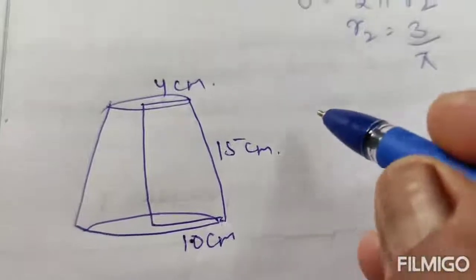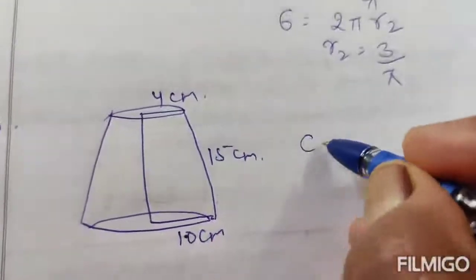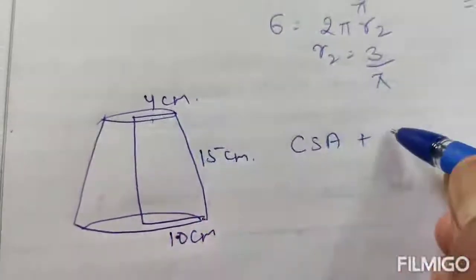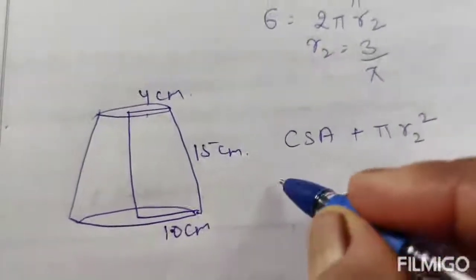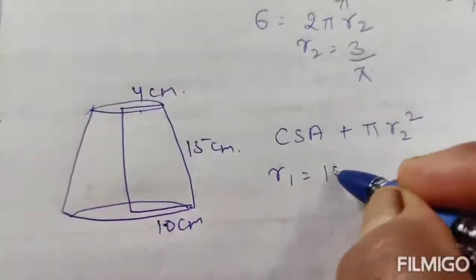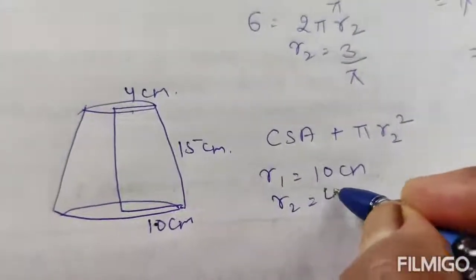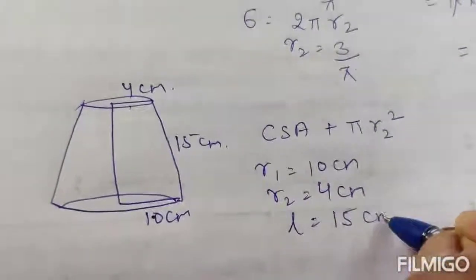The total area of the material is CSA plus the area of this base, pi r2 square. Here r1 equals 10 cm, r2 equals 4 cm and L equals 15 centimeter.